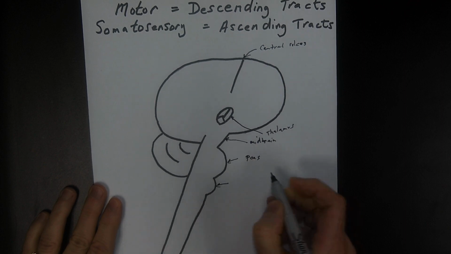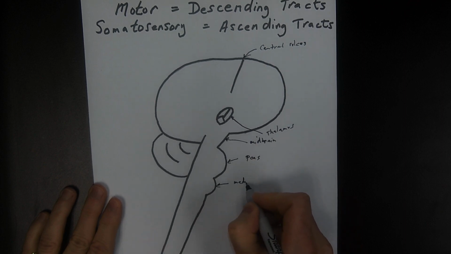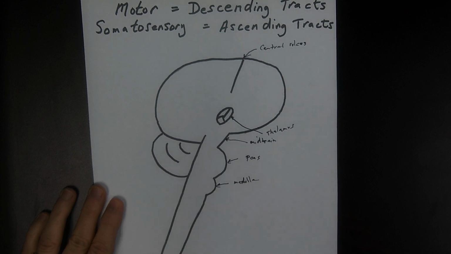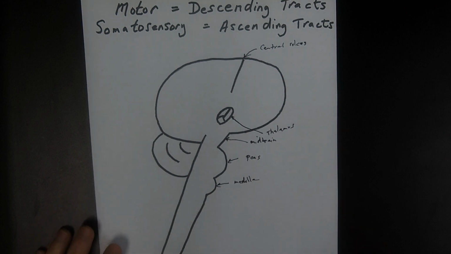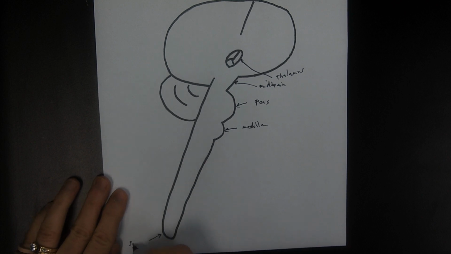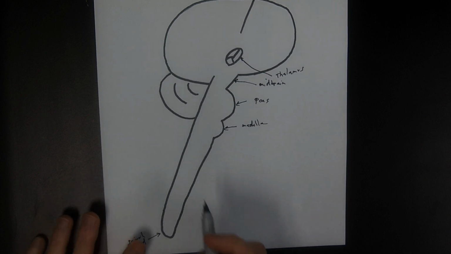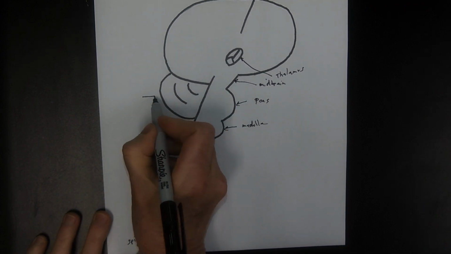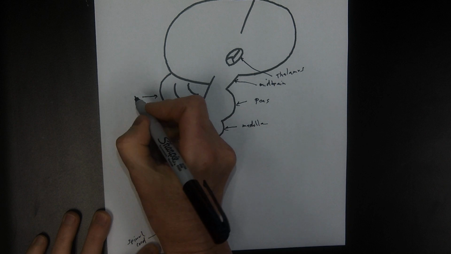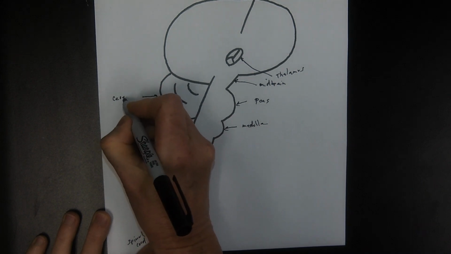And then this one, medulla. Okay, just basic sections, putting everybody in the same place. And then this down here is going to be my spinal cord. Okay, and this guy back here, does anybody remember? Cerebellum, you got it. Coordination and balance.